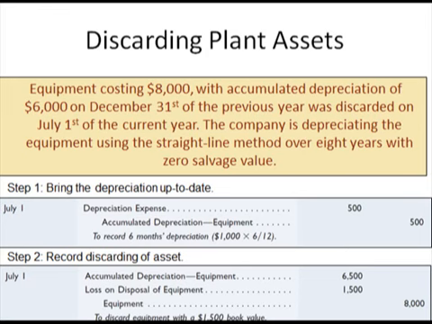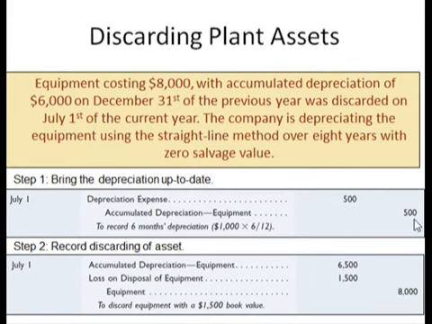In this case, it's a little bit different. In this case, the book value is $1,500. It cost $8,000, has accumulated depreciation of $6,000, so there you know it was worth $2,000, but it was discarded on July 1st, so you have to bring the depreciation up to date right away on July 1st.